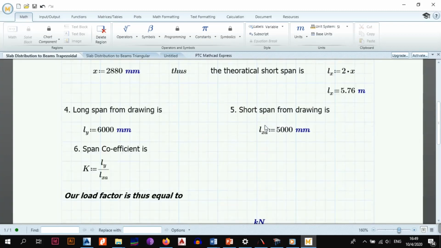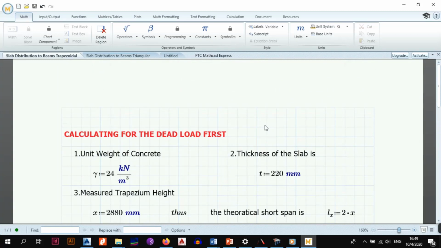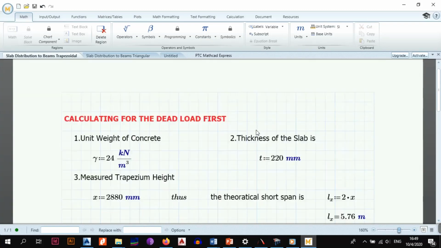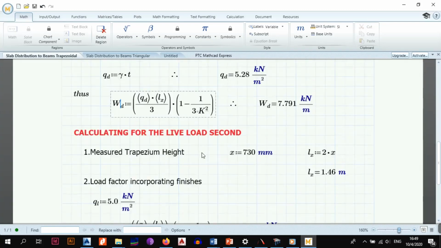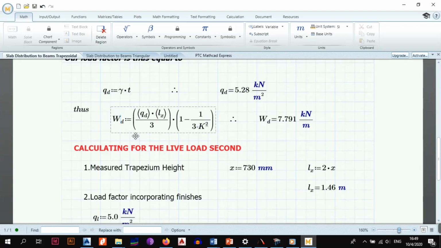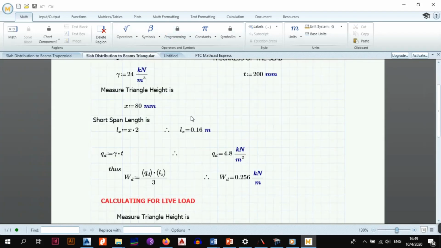I'm going to show you how you actually use this sheet when we punch in the values in Prokon, so that you get an understanding of them. But I just wanted to show you the formula in a much better way as well. It's equal to WD = QD multiplied by Lx divided by 3 multiplied by (1 - 1/3 K squared).